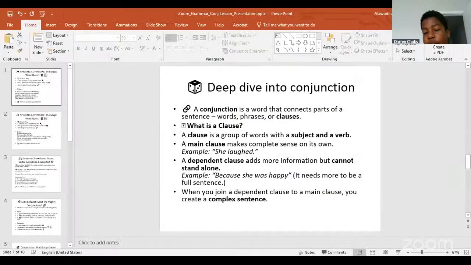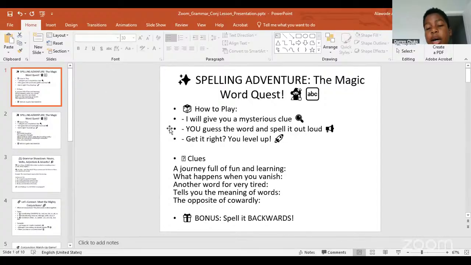Okay, so we're starting a new part of speech today. I'm excited about that. We've done NAVA. Remind me what NAVA is, Darren. Nouns, adjectives, verbs, and adverbs.